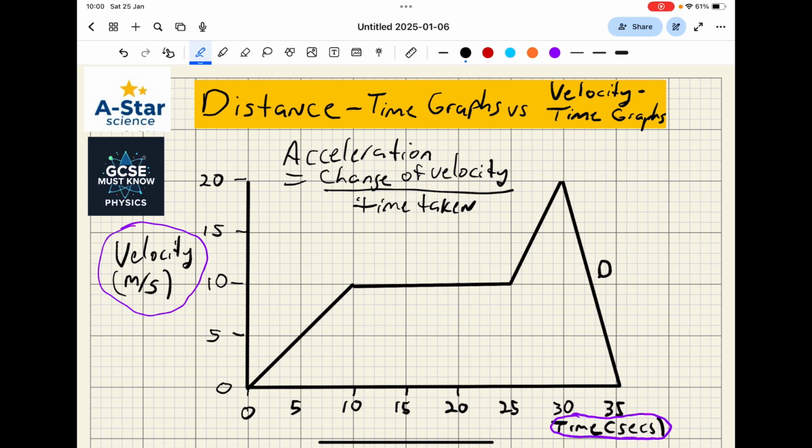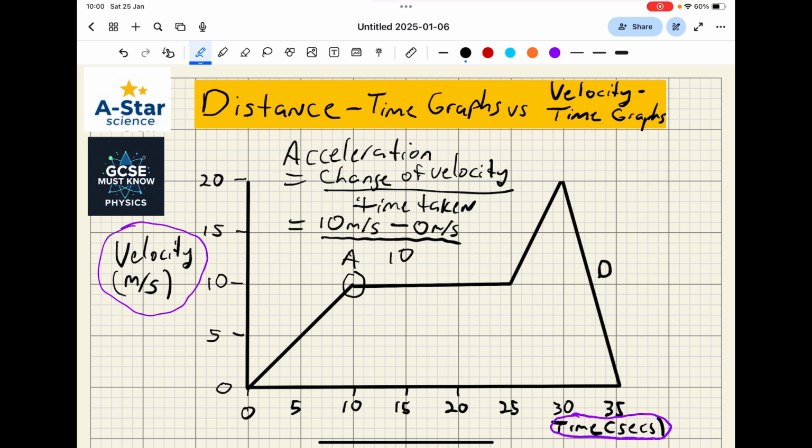So if we look at this point here, which we're going to call A, let's calculate the acceleration of the object. Its velocity changed from 10 meters per second, that was the final velocity, and started at 0 meters per second. That was its initial velocity. How long did that take?